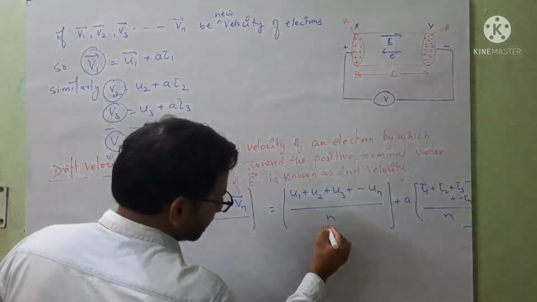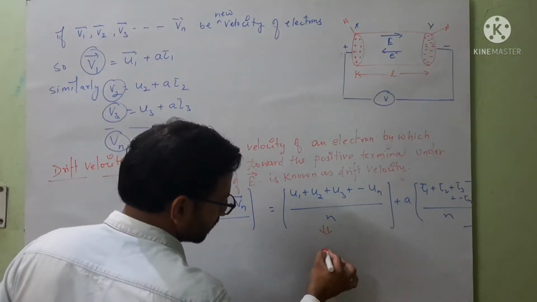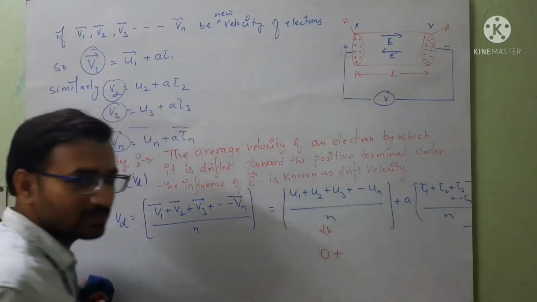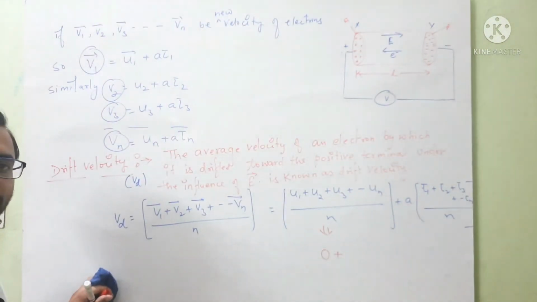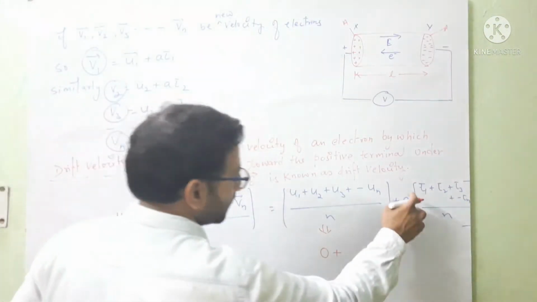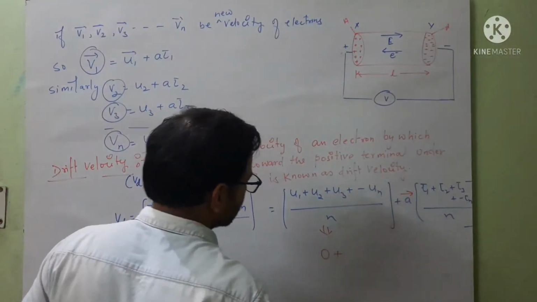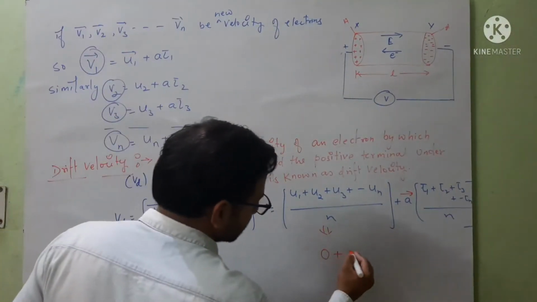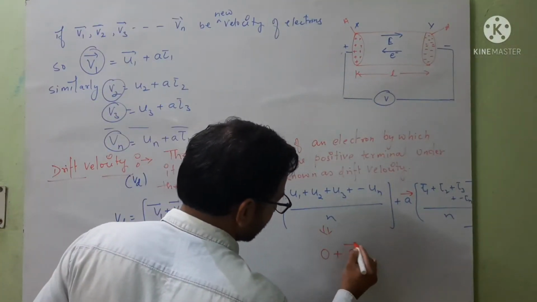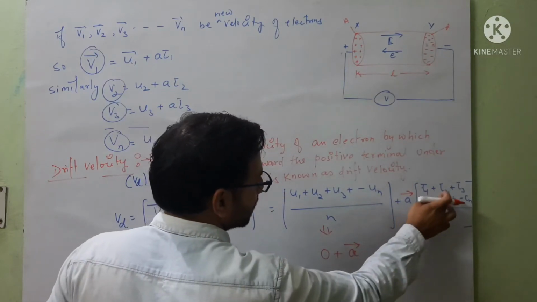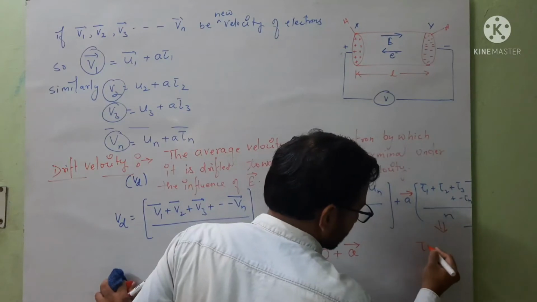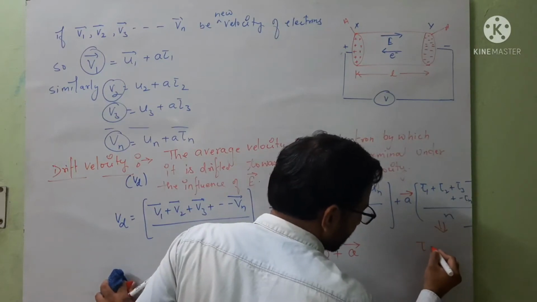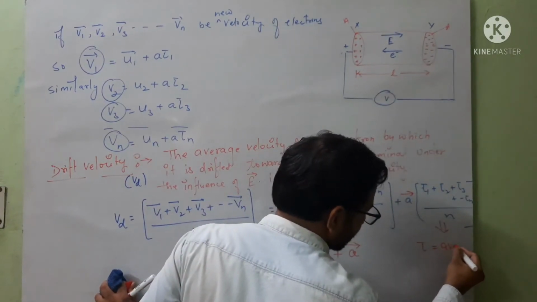As we know from the given information, the first term is equal to 0 because the average thermal velocity in a conductor is 0. Got it? And a is our acceleration, represented by a vector symbol. And tau 1, tau 2, tau 3 average to tau, which is called the average relaxation time.